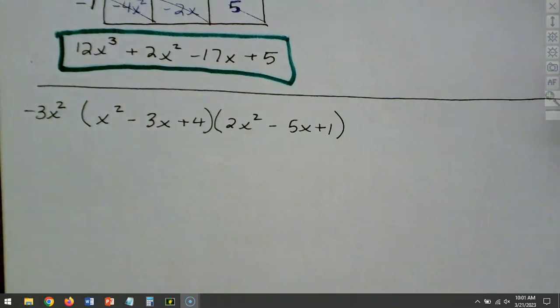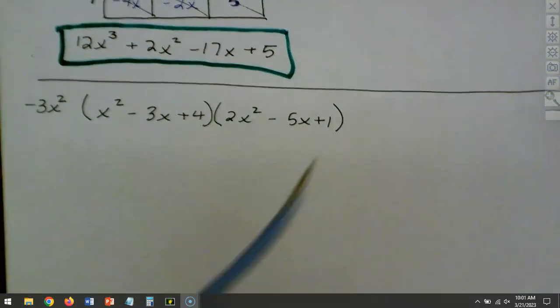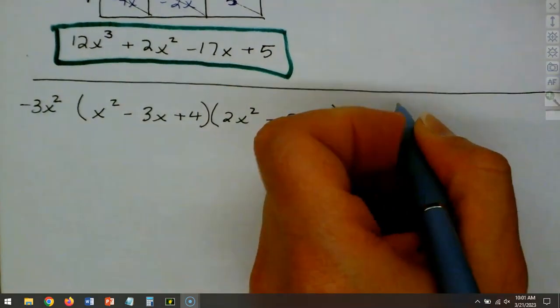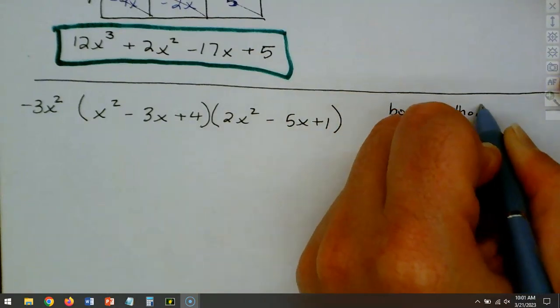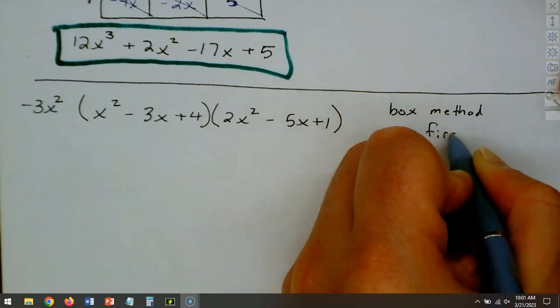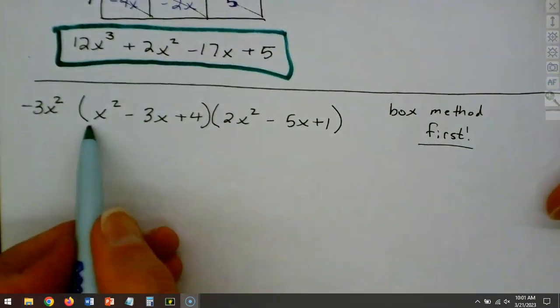Now again, this one has too many pieces to FOIL. So we're going to use the box method first.